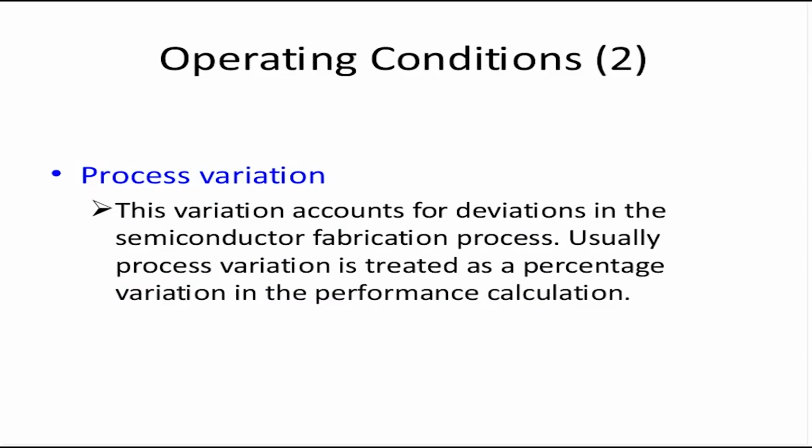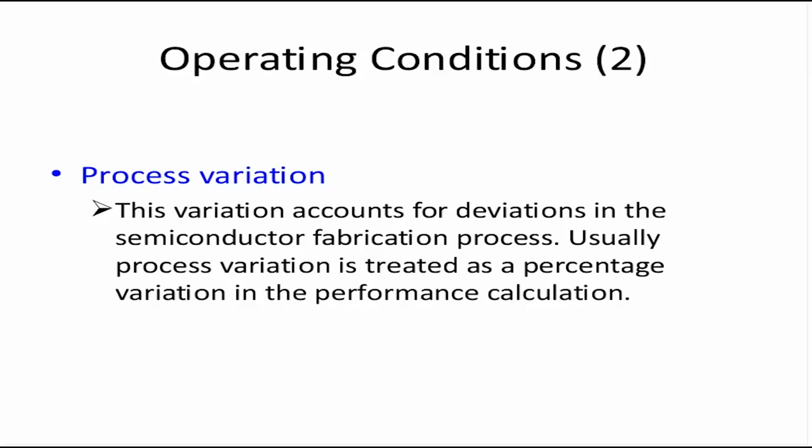So the process variation accounts for the deviations in the semiconductor fabrication process. Not every PMOS, not every NMOS on that chip. There are now billions of PMOS and NMOS on a chip, and not every one is expected to behave in a similar manner. Some will be faster, some will be slow. So this physical effect is modeled by the process variation.